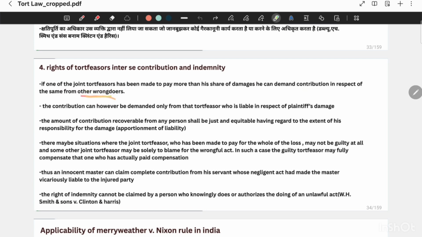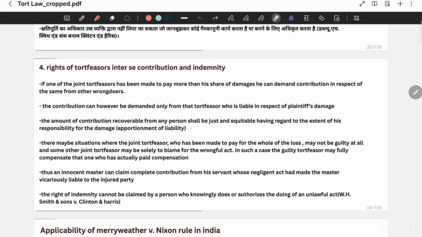The contribution can, however, be demanded only from the tortfeasor who is liable in respect of the plaintiff's damage. The amount of contribution recoverable from any person shall be just and equitable, having regard to the extent of his responsibility for the damage.